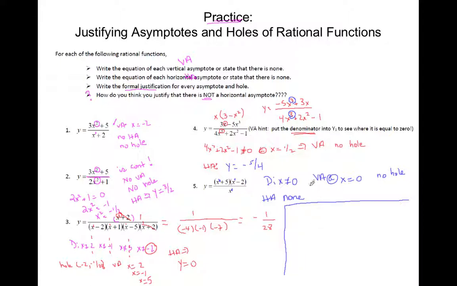I'm going to justify the vertical asymptote for number 1. I don't even need the graph. I know it's a vertical asymptote. As x approaches -2 from the left, as x approaches -2 from the right, f of x swooshes.